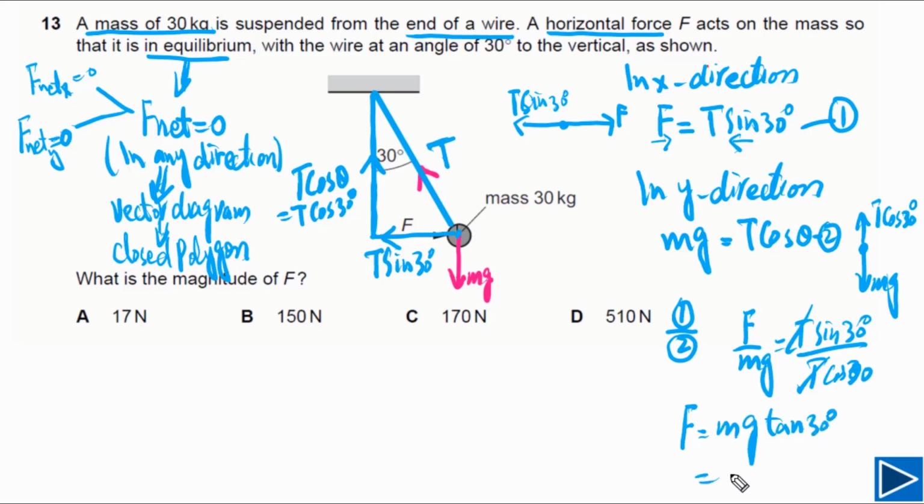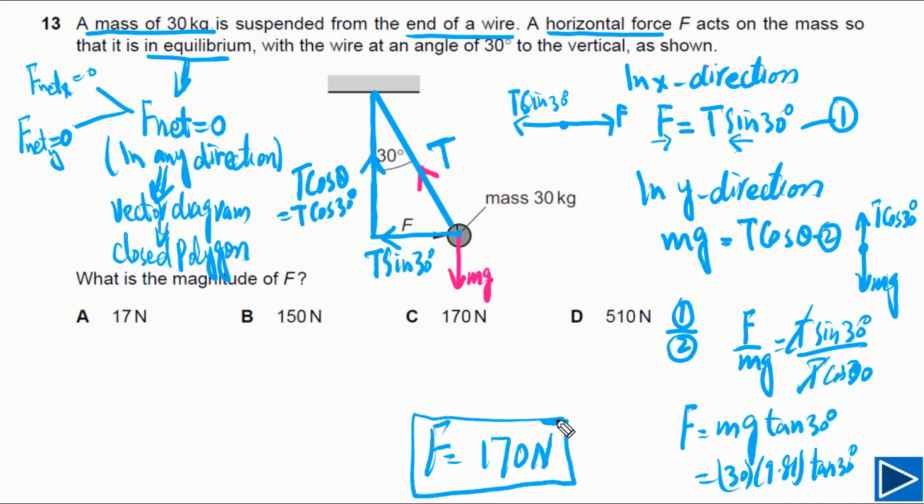Same equation we have; we simply plug in the values. g is 9.81, times tangent of 30 degrees. If we solve this, we get F equal to 170 newtons, and this is our final answer. That's the correct option.